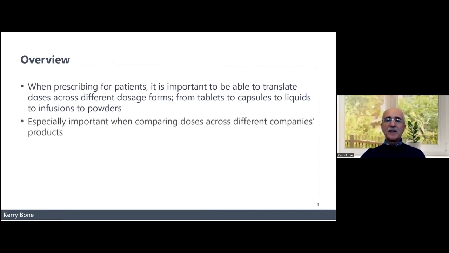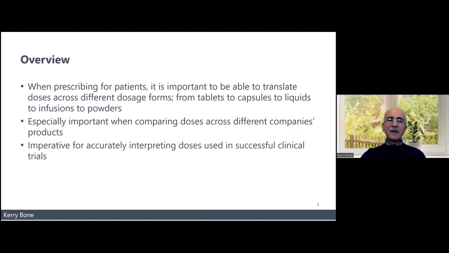And this is especially important when we're looking to source a particular herb, perhaps from a different company, and we want to know how their product compares with the product you might already have been used to using. So we're not just using this technique to compare across dosage forms, we're also using it to compare across product offerings from different companies.